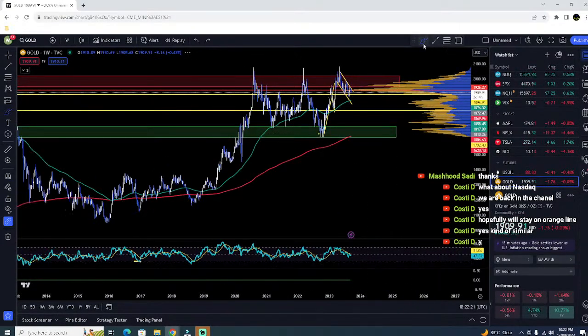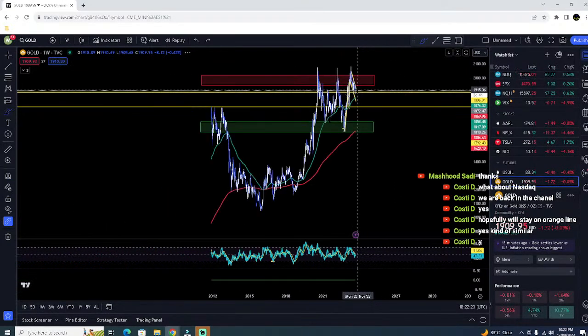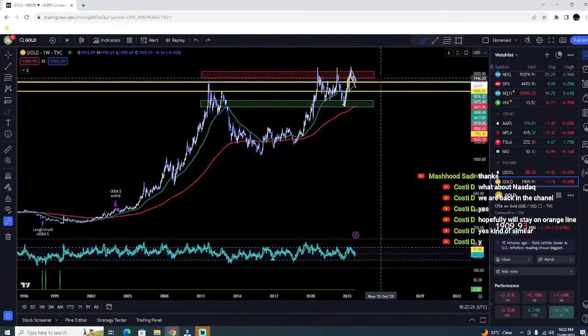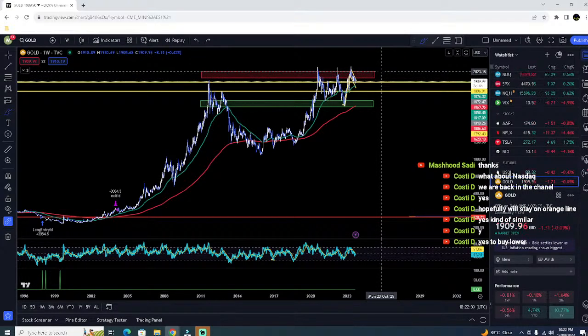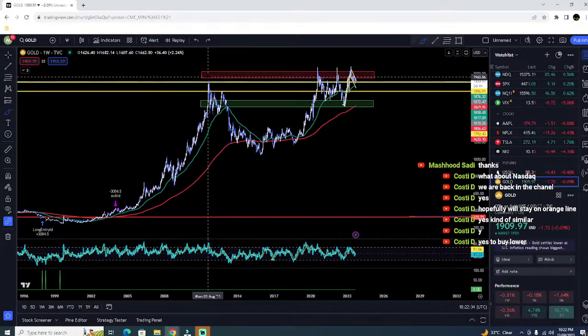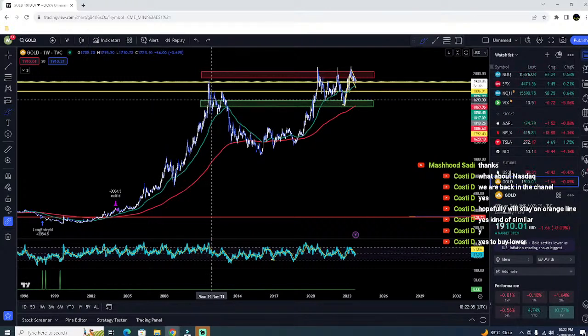But overall long term trend, let me zoom out. Yeah, so this range 1950 till 2030 is the resistance of this chart, which is from 2011, and in the short term this range here 1600 to 1700 has been the support.